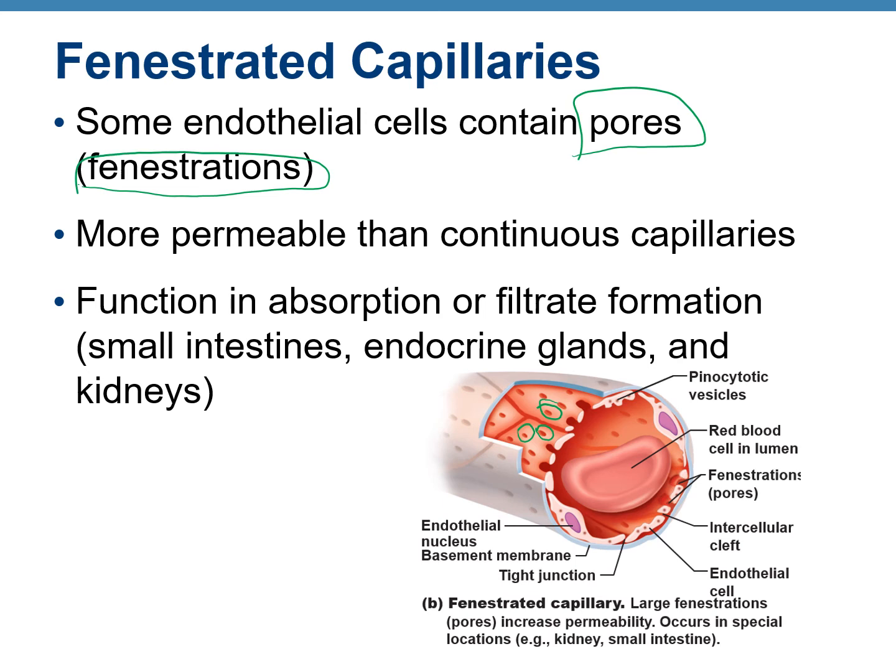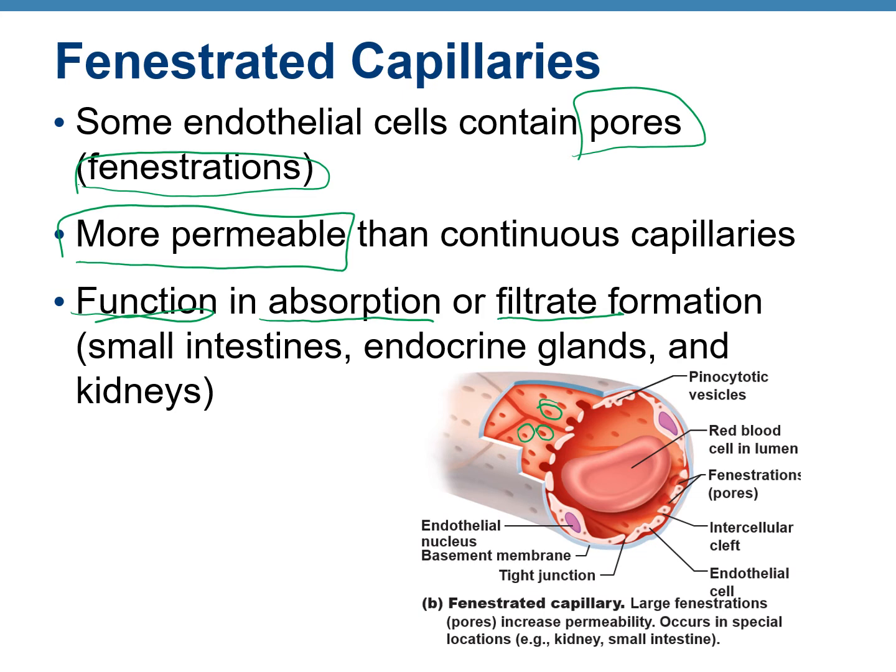Because they have those pores, they're more permeable than continuous capillaries. If they are more permeable, then their function would be absorption or filtration, because during absorption or filtration, we need molecules to move in and out. And those molecules might be bigger molecules.